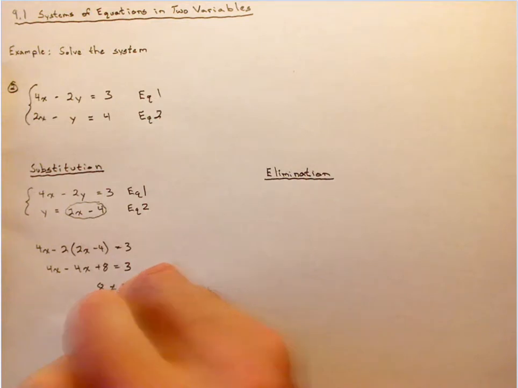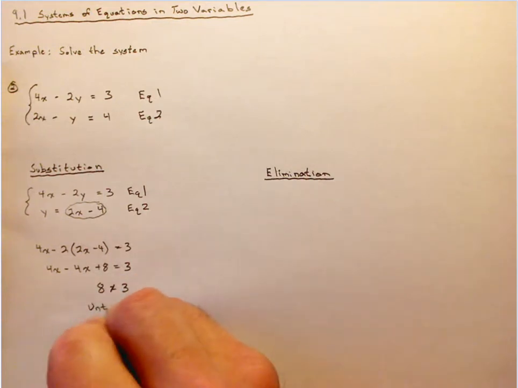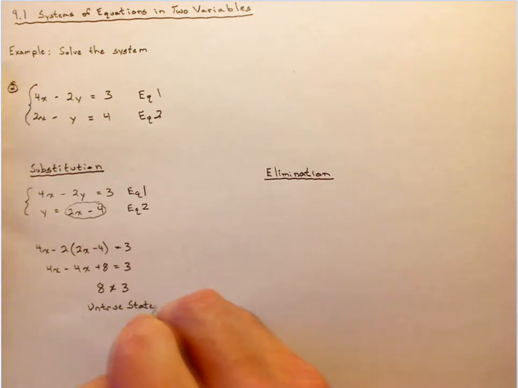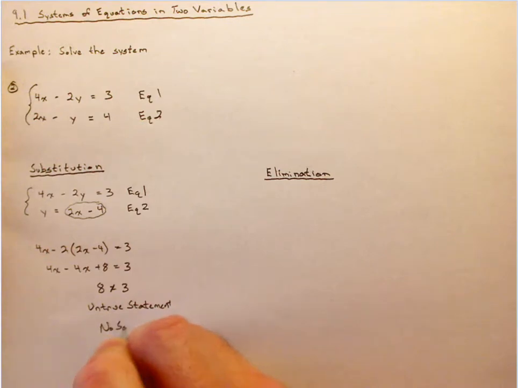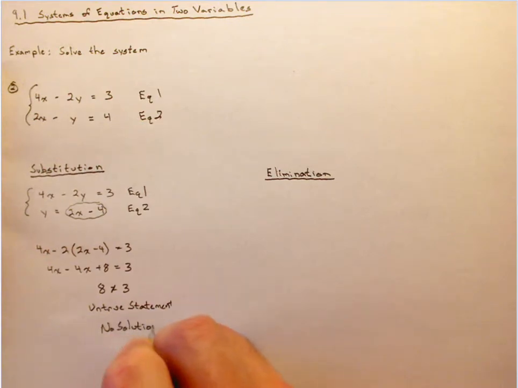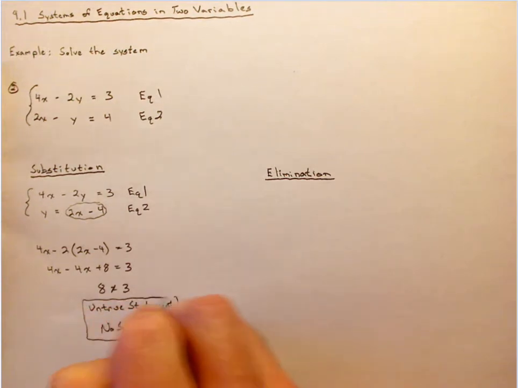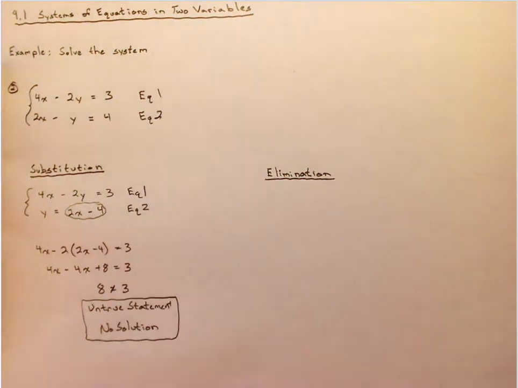And that is an untrue statement. Untrue statements give you no solution. So there's no solution. Again, this is quick. You do one of the steps and then you find out that it doesn't work.